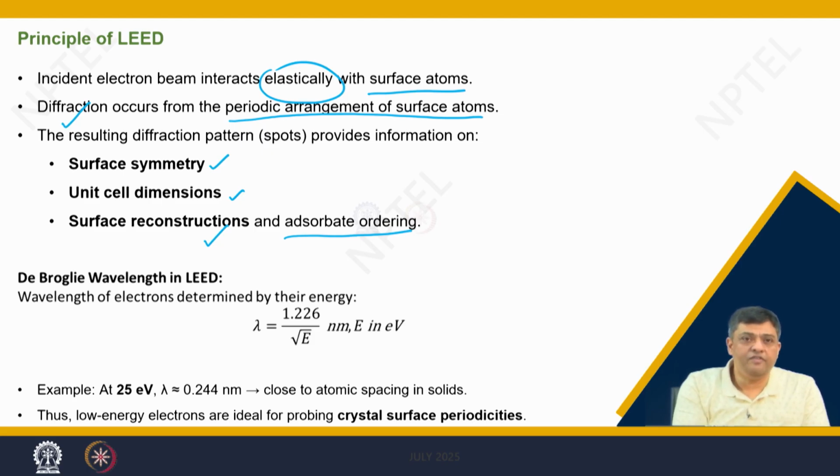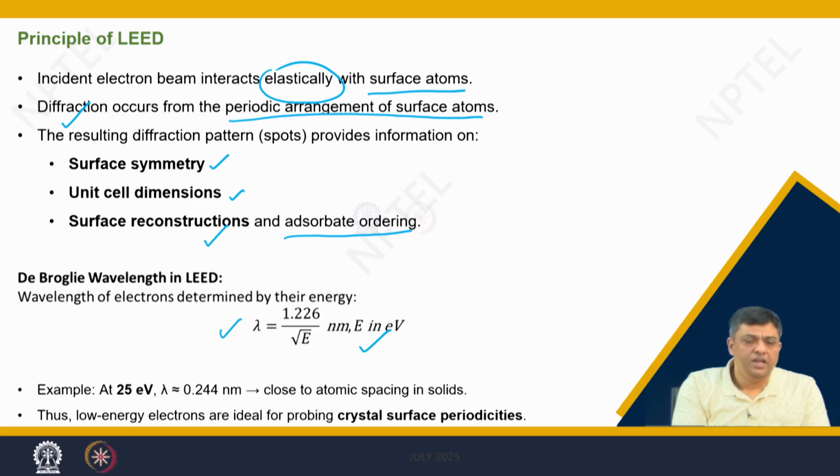Use the de Broglie wavelength in LEED and you will get the corresponding wavelength of the electrons, which is determined by their energy as lambda is equal to 1.226 upon square root of E in nanometers, and E is in electron volts.